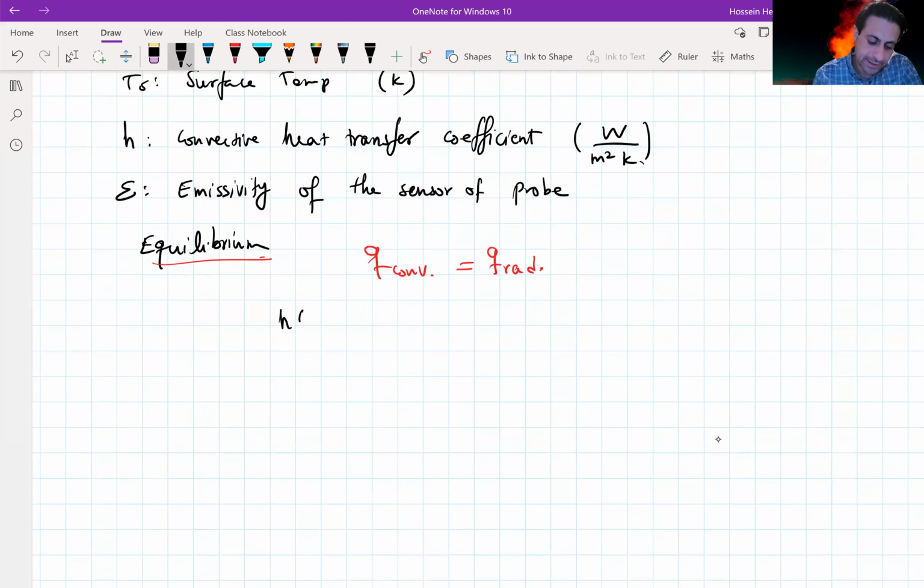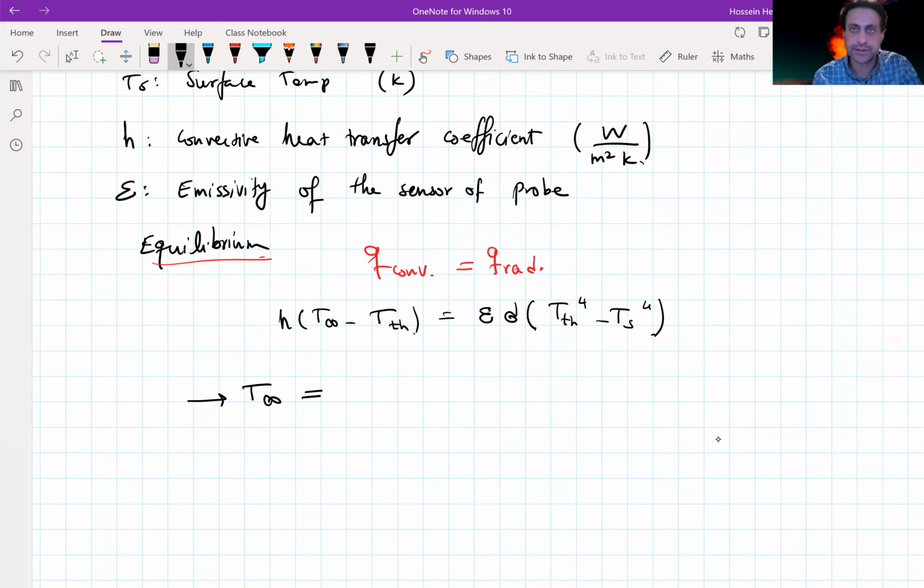And if we write that, h times (T infinity minus the probe temperature) is going to be epsilon sigma times (T of probe temperature to the power 4 minus Ts to the power 4). So from here, the actual temperature of the fluid would be what we are reading plus epsilon sigma over h times (T_th to the power 4 minus Ts to the power 4).